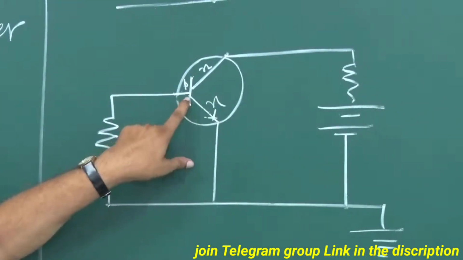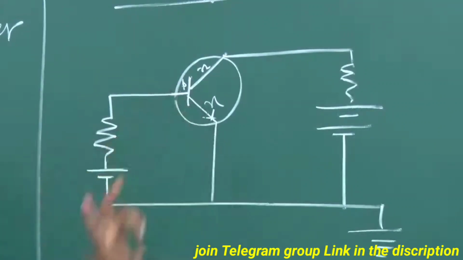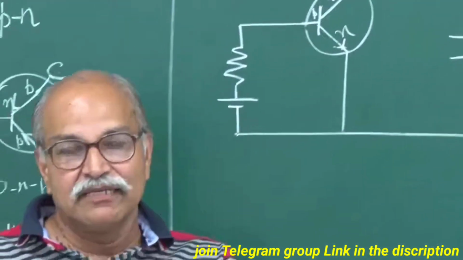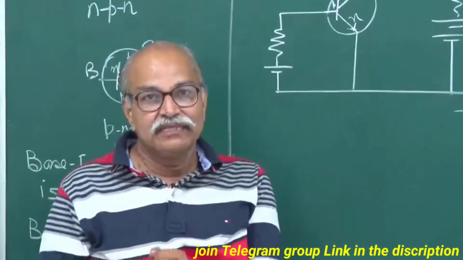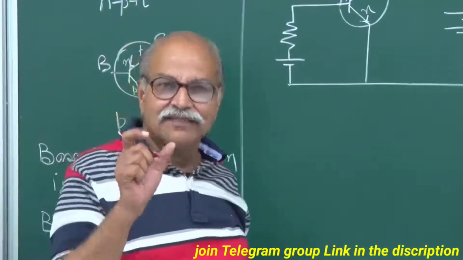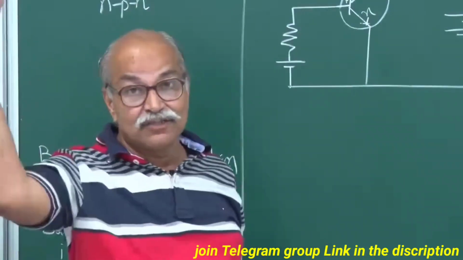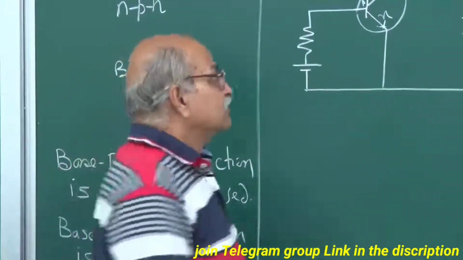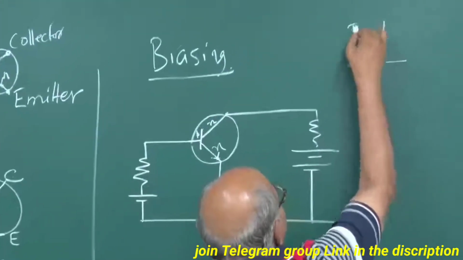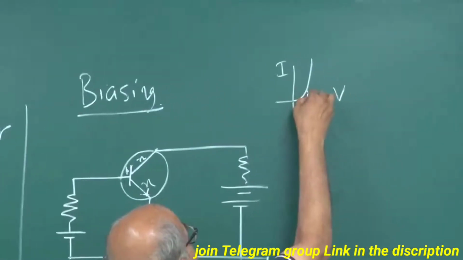You remember, in forward biased PN junction, the voltage appearing across this PN junction has a certain value, because after that current shoots exponentially. So it's like this, that current voltage characteristics.